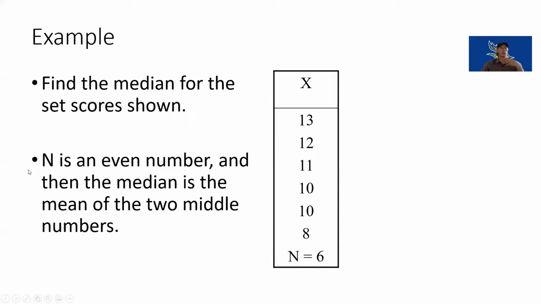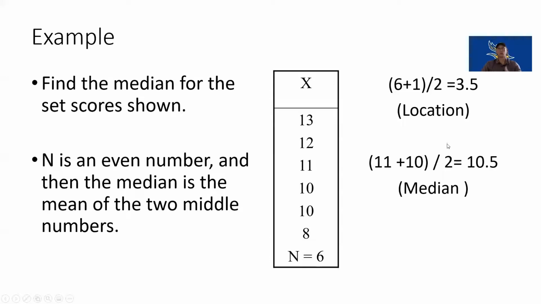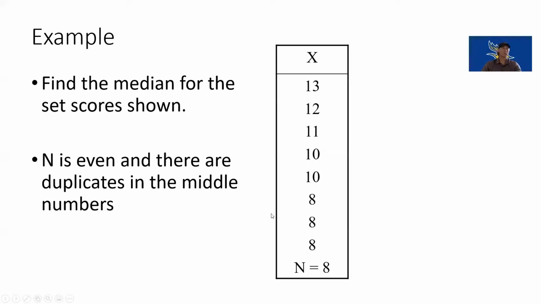If our n is an even number, like 6, we will calculate 3.5. That tells us that it has to be the average of those two middle scores. So in this case, 10.5 would be our median because it's the average of those two middle scores.